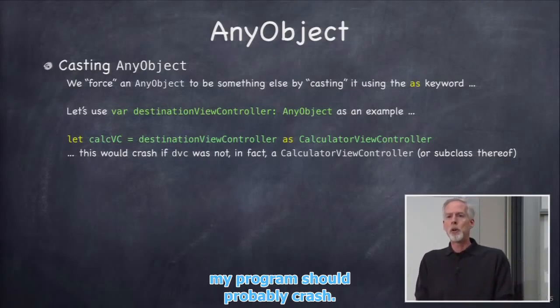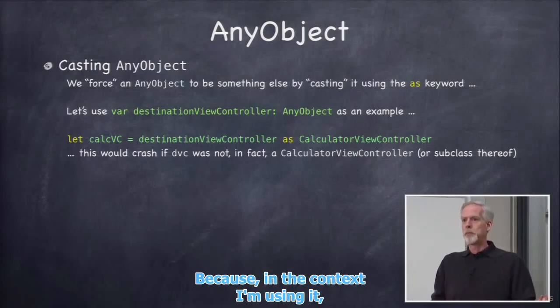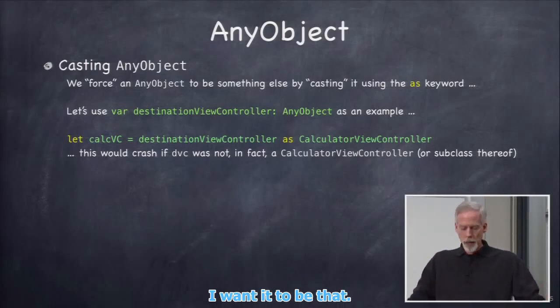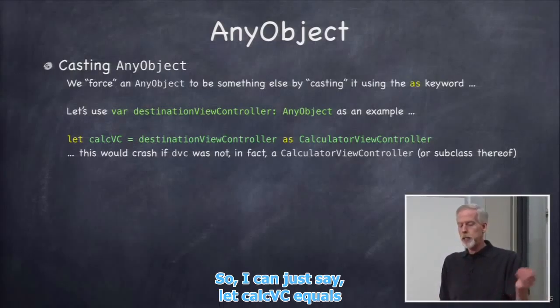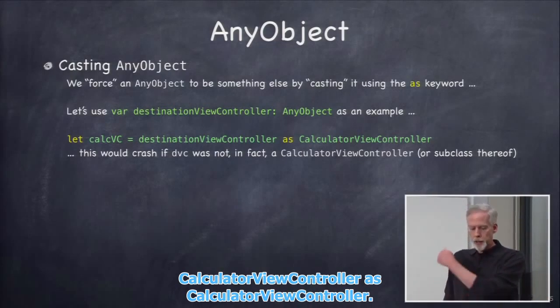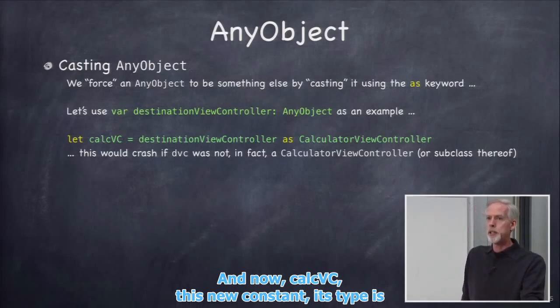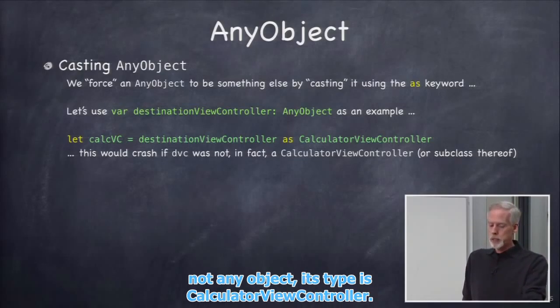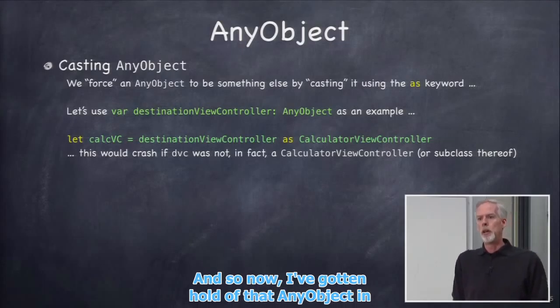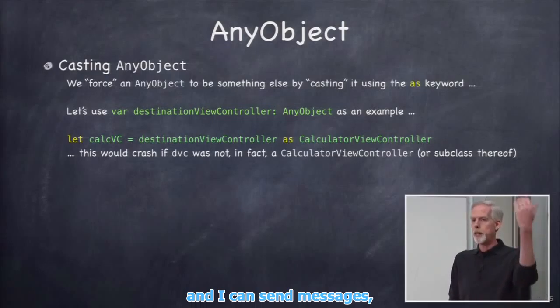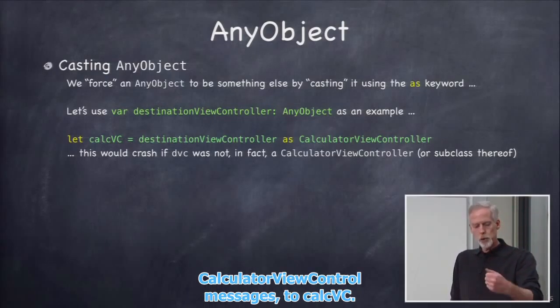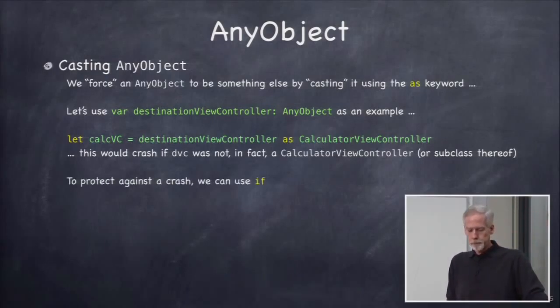And if it's not a calculator view controller, my program should probably crash because in the context I'm using it, I want it to be that. So I can just say let calc VC equals destination view controller as calculator view controller, and now calc VC, this new constant, its type is not any object, its type is calculator view controller. And so now I've gotten hold of that any object in a way I can actually do things with it, and I can send calculator view controller messages to calc VC.